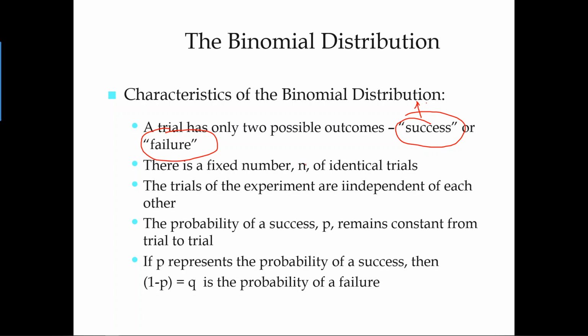So the value for n is equal to 200 parts, right? And they are identical trials because every time you pick up a part, you check whether it is defective or not defective. So you are doing exactly the same trials, okay? And then the trials are IID, identical and independent of each other.